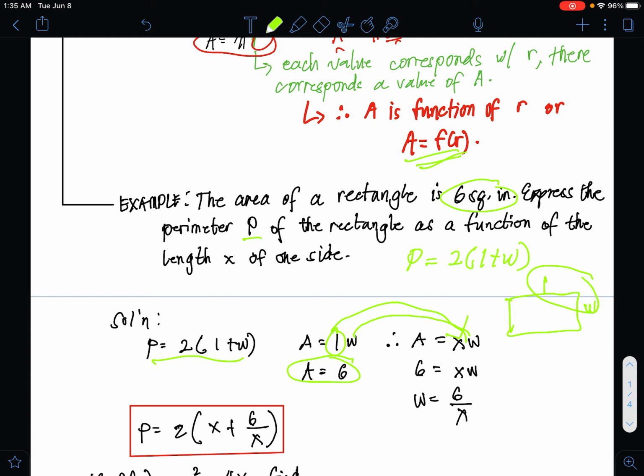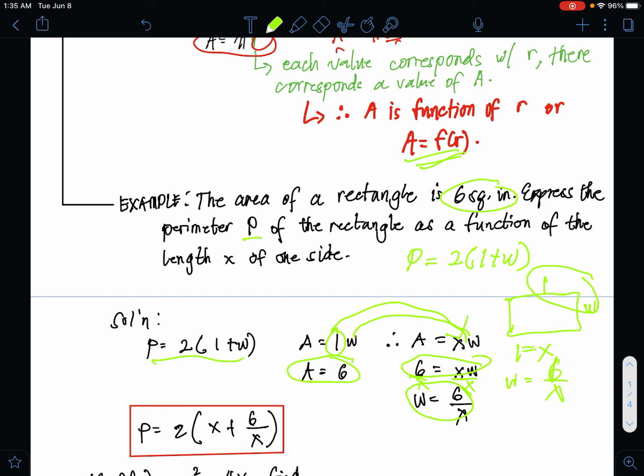So L is x, and we get w if we divide both sides by x. So w is A over x, therefore it's 6 over x.